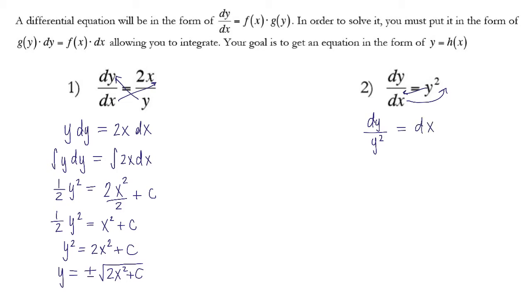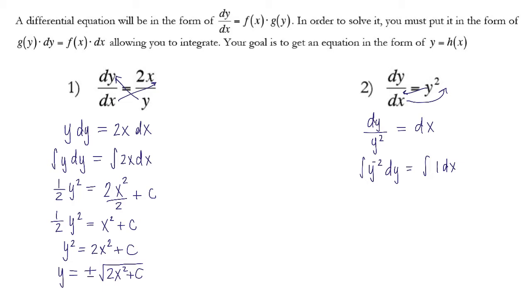And again, after we have our separation of variables, we will integrate both sides. I'm going to go ahead and flip this up and make that y to the negative 2 dy equals the integral, and that dx is really the same thing as 1 dx, so that might make it a little easier to see.